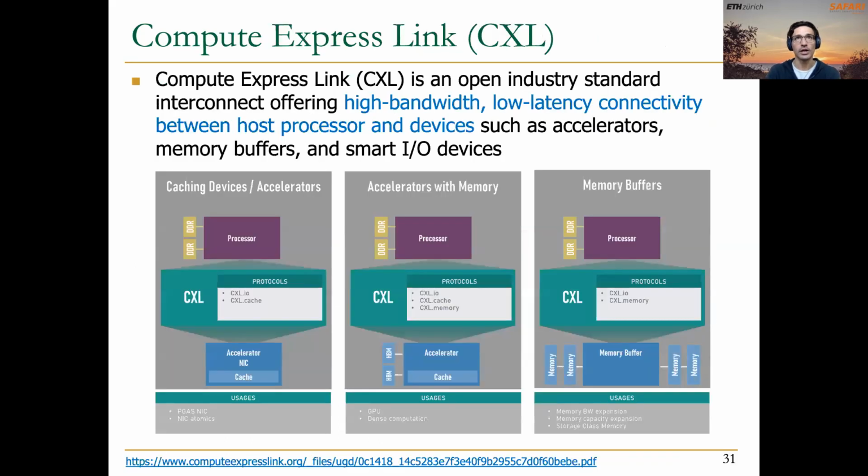Another very good example is Compute Express Link, another open industry standard interconnect offering high bandwidth, low latency connectivity between the host processor and the devices. It has different ways of being used with accelerators with their own memory and with memory buffers. We will talk about CXL also in a later lecture.